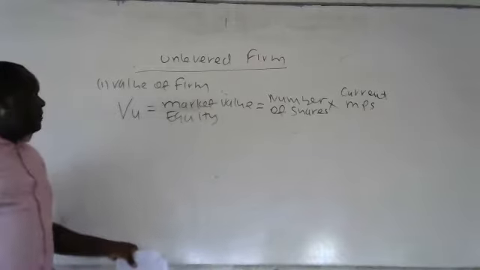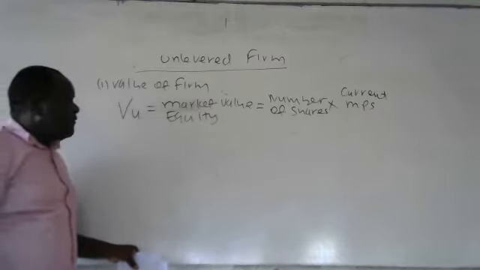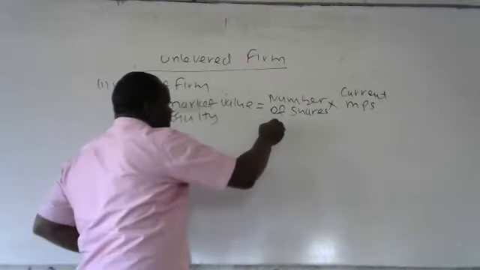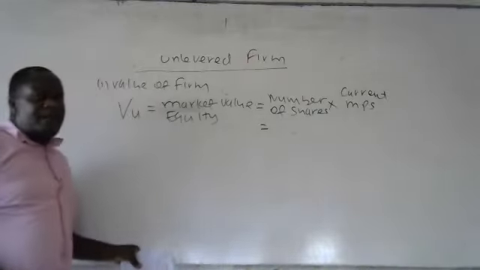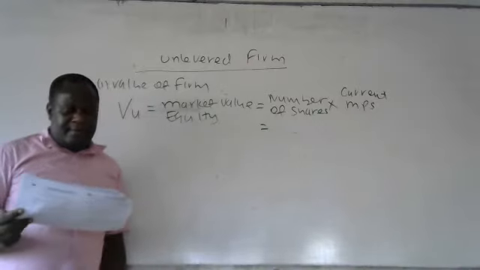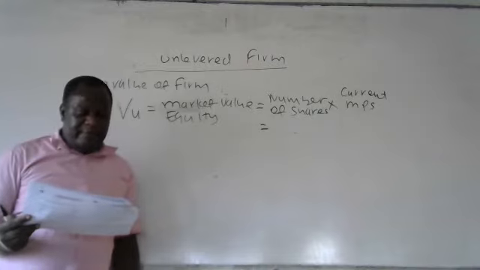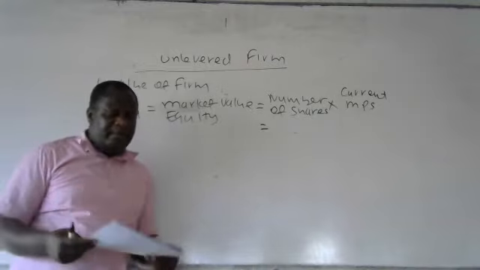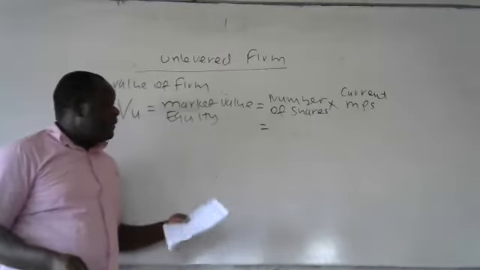So we simply come up with the number of shares multiplied by the current market price per share. The number of ordinary shares is 10 million, as you can see in the first paragraph, and they are currently selling at how much in the securities exchange? 20.